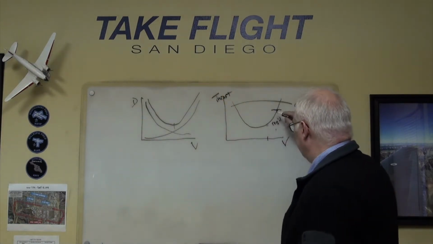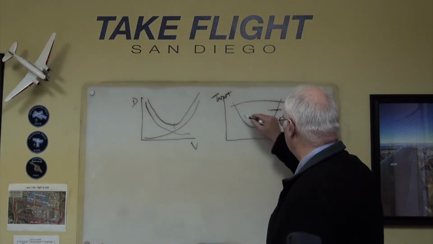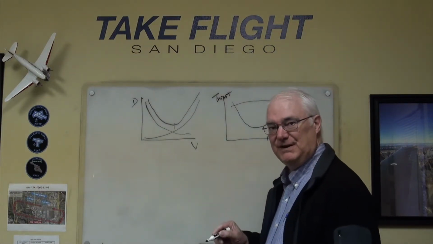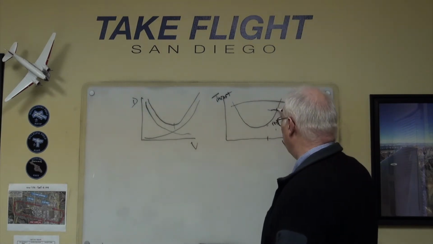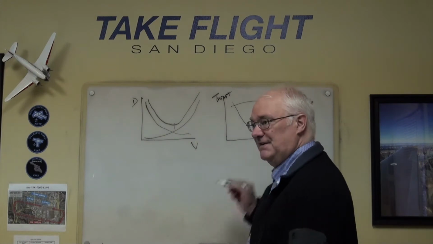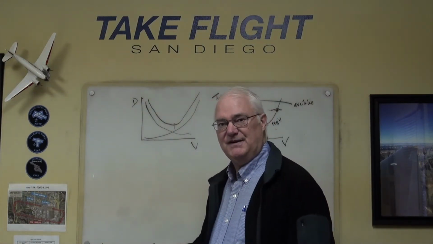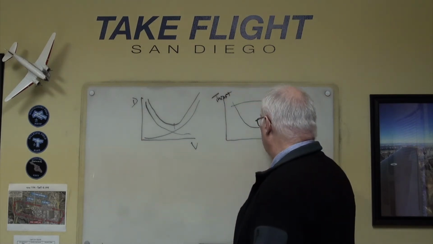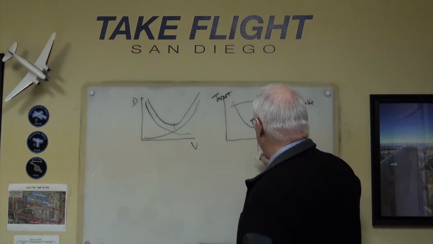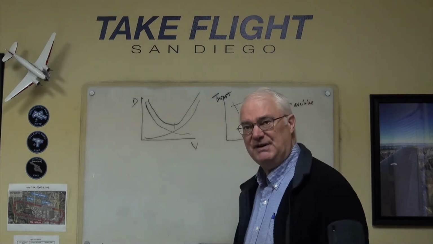Now this is our thrust setting here, and we've got a lot more thrust than drag, so we speed back up. So this is stable. We're at a nice stable place here. Push the throttle in a little bit more, and we just naturally climb without having to think about it. Now, all of that is on the right side of the bottom of this bucket.